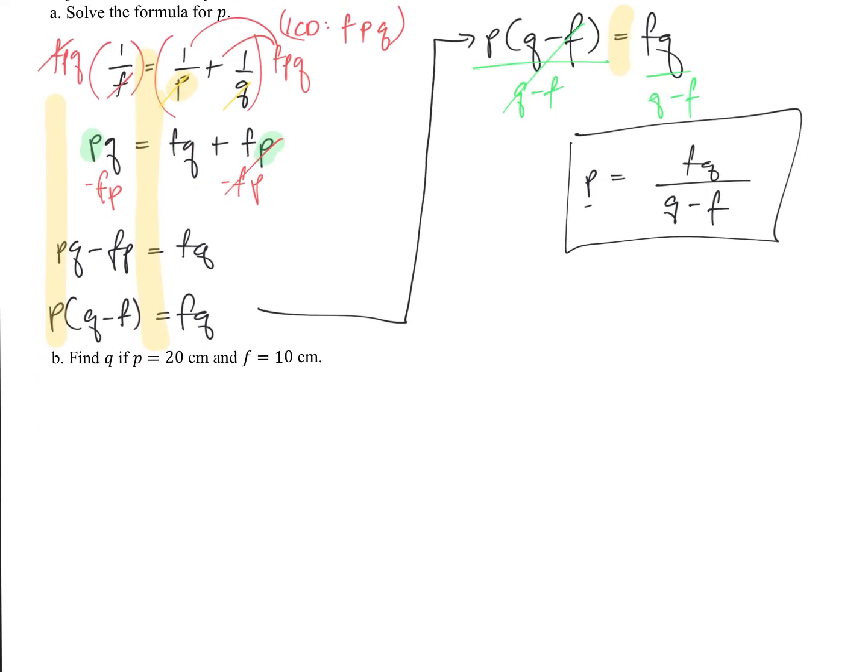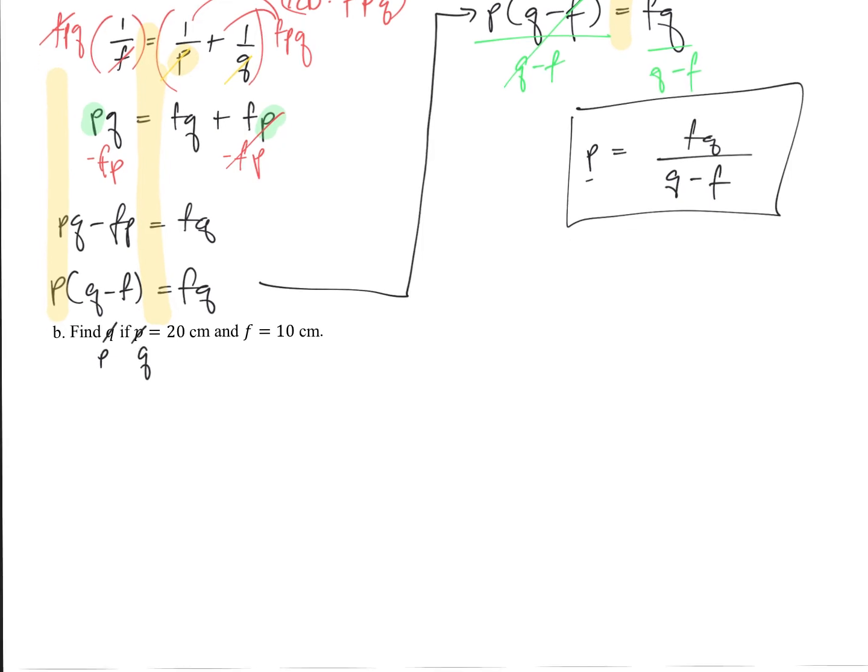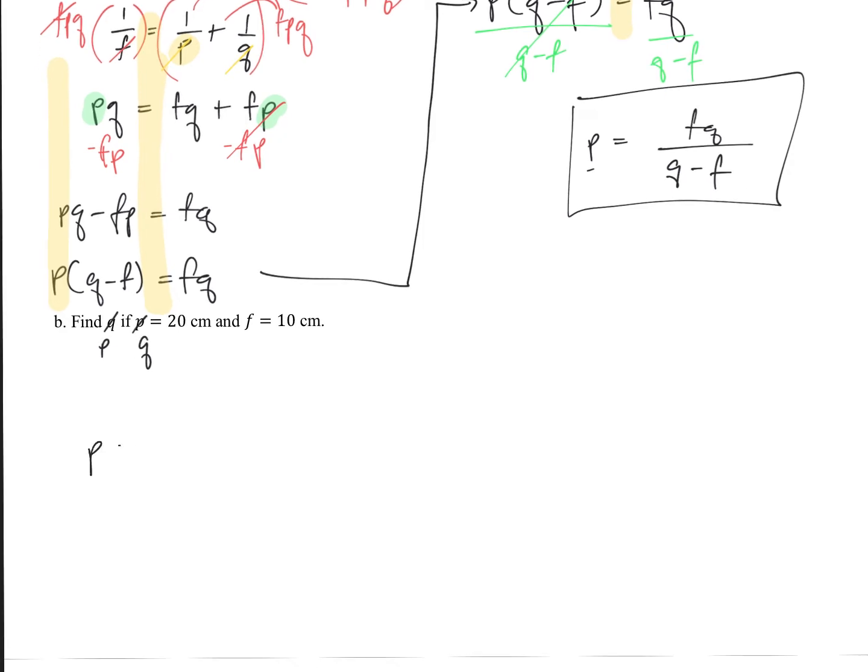Alright, so for part b, this is a little incorrect. This should be find p if q. Okay, so let's go ahead and use our formula with that little correction in place. So we have that q is 20. So we'll replace 20 wherever we see q. And then that f is 10.